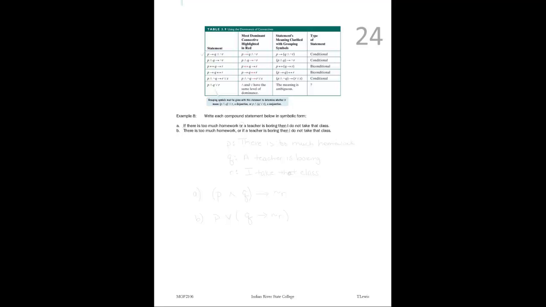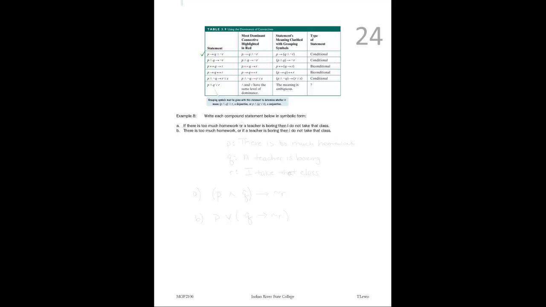For the first example, we have: if P then Q and not R. Well, the most dominant connective, highlighted in red, is the conditional statement. So then what we can do is group together.